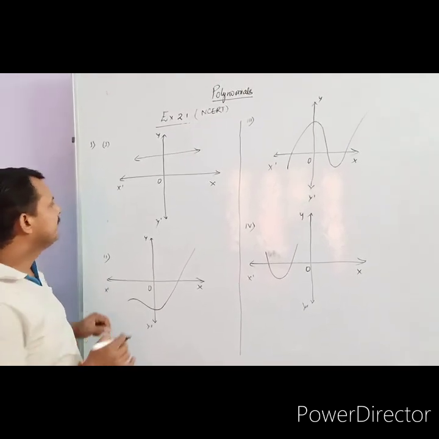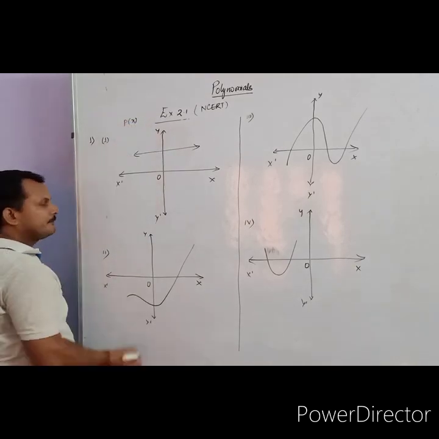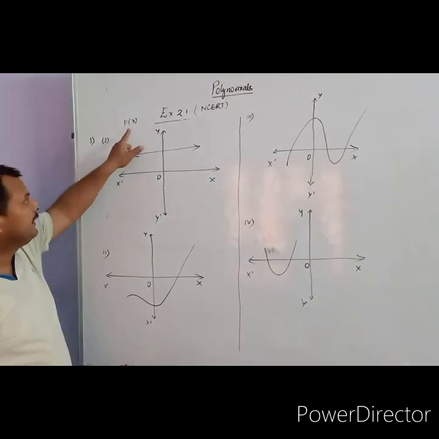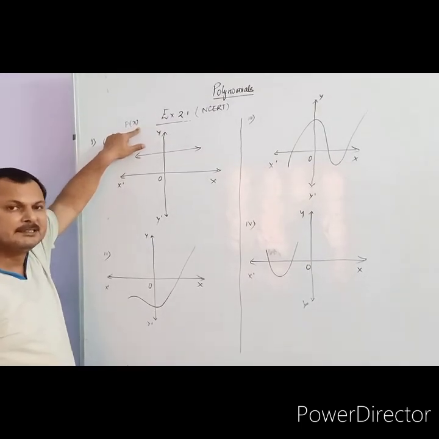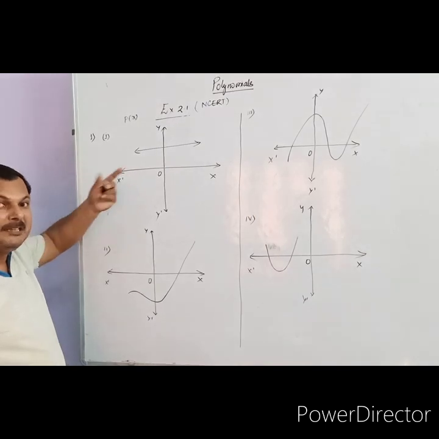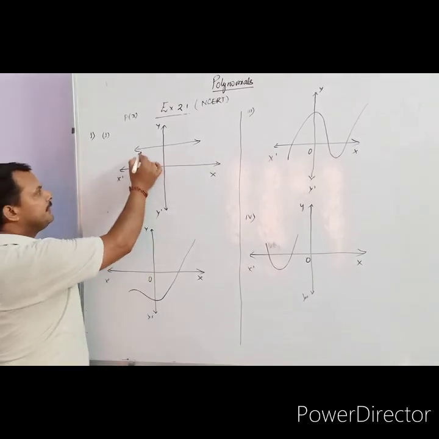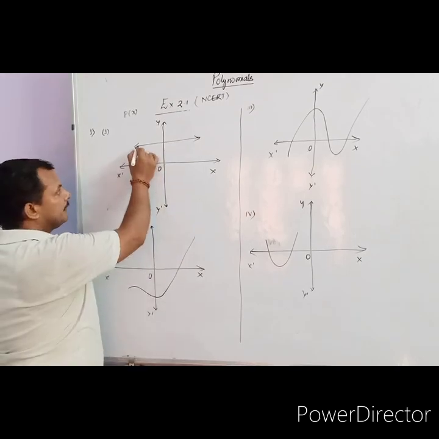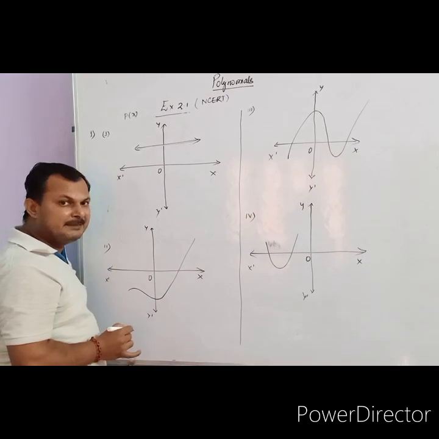The given graph is of the polynomial p(x), so the variable will be x. You have to find the number of zeros of the given polynomial. In the first question, the graph does not cut the x-axis at any place.